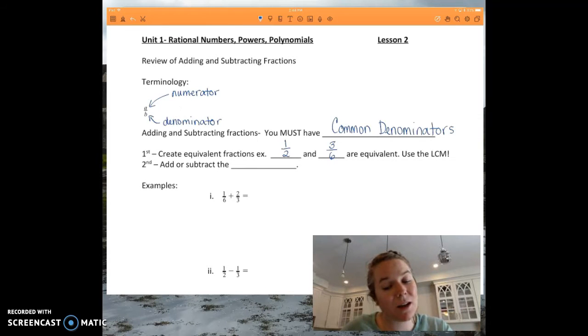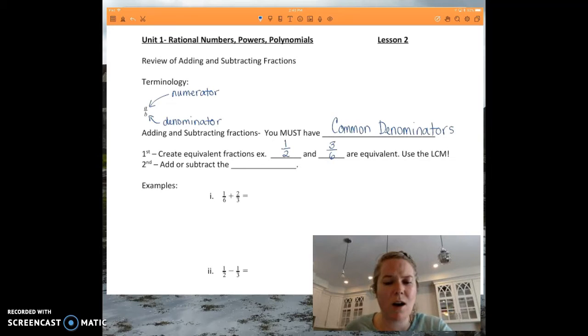And mathematically, I can show that by reducing the 3/6 to 1/2. If I divide the top and the bottom by 3, 3 divided by 3 is 1, and 6 divided by 3 is 2, showing that 3/6 is equal to 1/2.